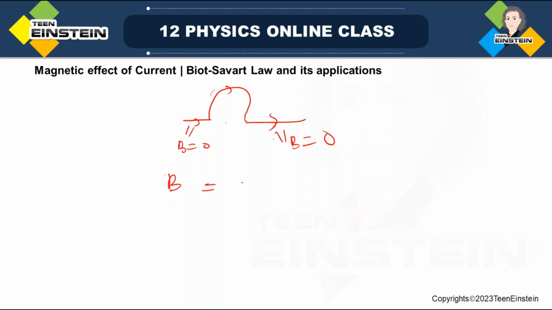Here also mu 0 I by 4R, and if you put the value you will get actually the same value, 1.9 into 10 to the power minus 4 Tesla.